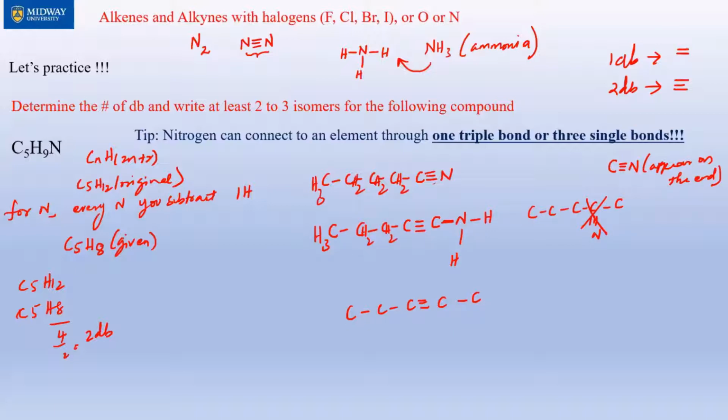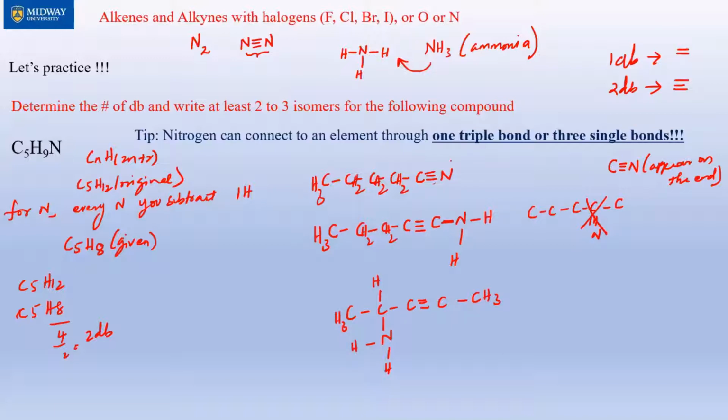So you can also have it this way. The nitrogen can be here. In this case, the carbon has 3 bonds, so the 4th bond must be a hydrogen. The nitrogen has 1 bond, so it has 2 more, and those 2 bonds must be hydrogen. Now you can fill the rest with your hydrogens, which again leaves you with C5H9N.